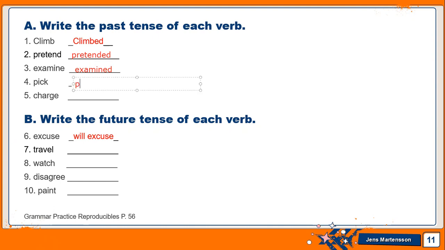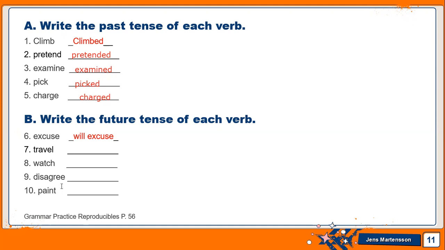Pick, picked. Charge, charged. Excellent. So now we're good to go. This is how I change the tense from the base form to the past tense by adding D or ED. If the word like examine ends with an E already, I don't add an E again, I just add a D. Okay, now we have these verbs which we need to change to the future tense.